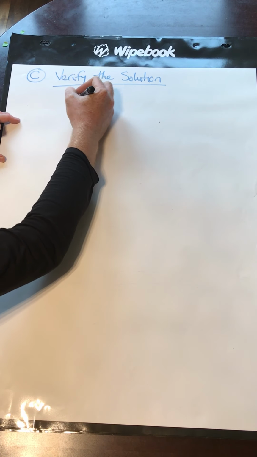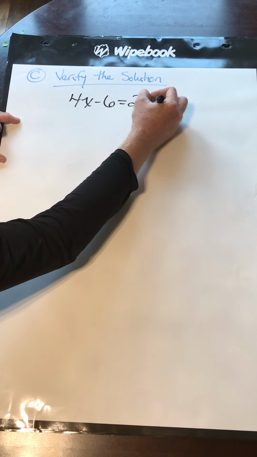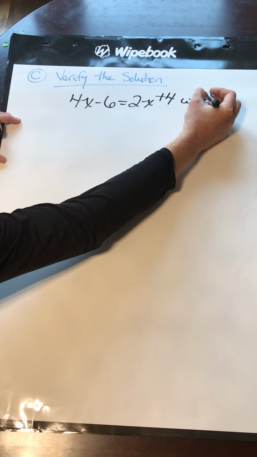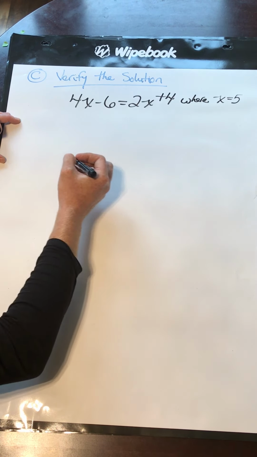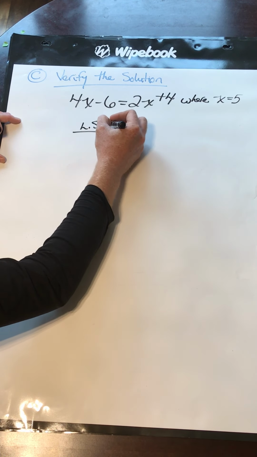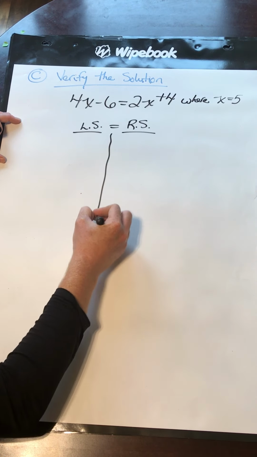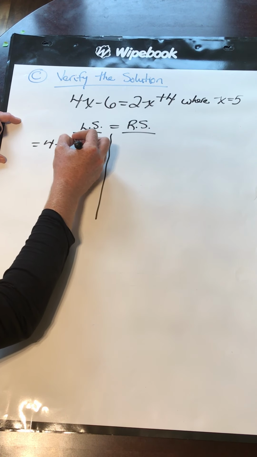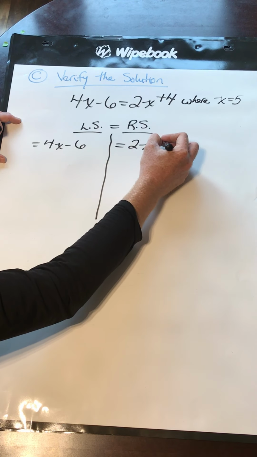So I have 4x minus 6 is equal to 2x plus 4, where x is equal to 5. So I have my left side is equal to my right side, and I put a squiggly down the middle, and on the left side I have 4x minus 6, and on the right side I have 2x plus 4.